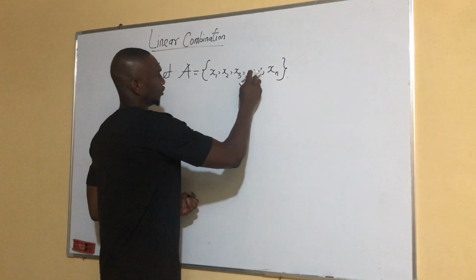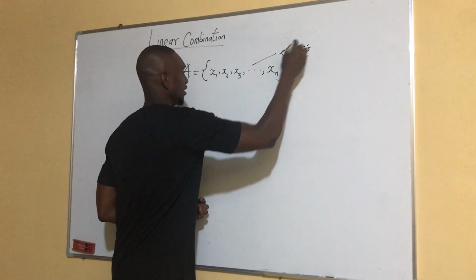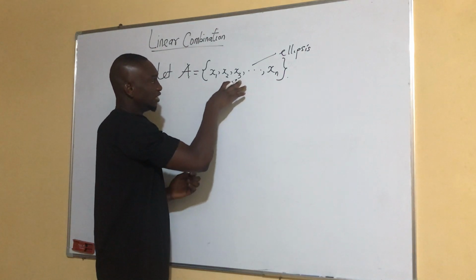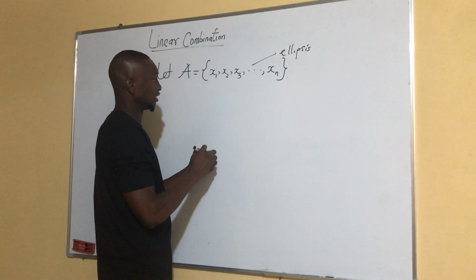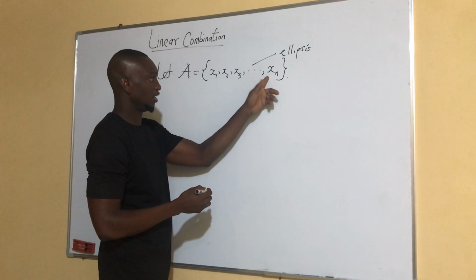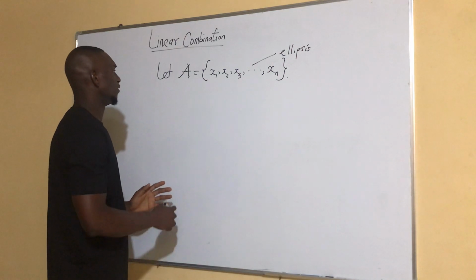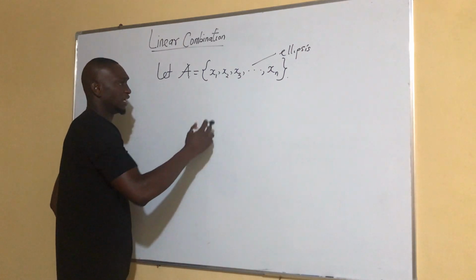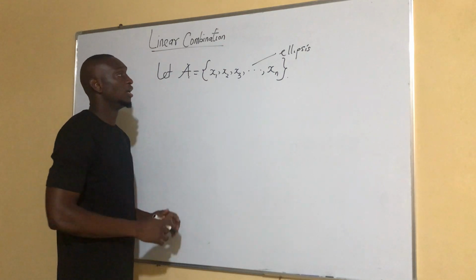Now this three dots is called an ellipsis. This indicates that there is an omission in the listing of the elements of A, so long as it terminates in xn.